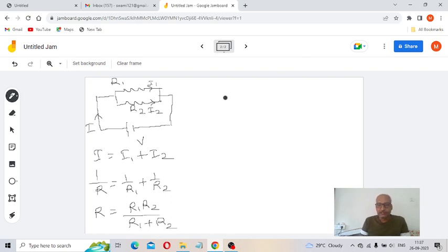Now this is what we have learned in 11th standard, resistances in series and resistances in parallel. Now in this chapter, current electricity is focused on DC networks only, not AC. In further chapters we will study AC fundamentals or AC circuits.